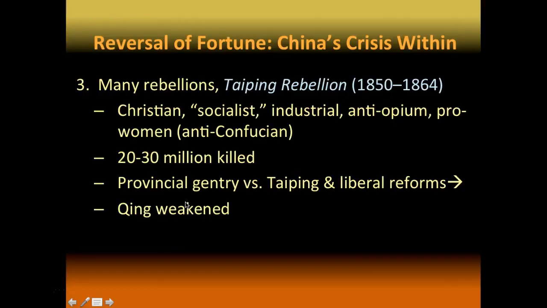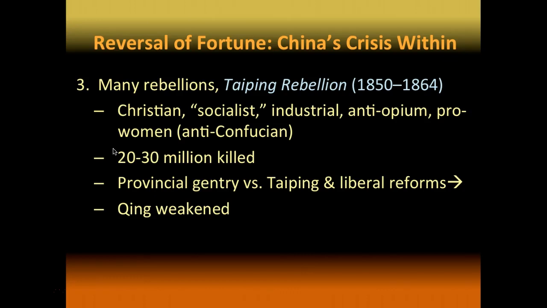The leader of the Taiping Rebellion, Hong Shihuang, rejected all traditional Chinese belief systems, Buddhism, Taoism, Confucianism, and instead he claimed he was the younger son of Jesus Christ, sent to earth to build a kingdom of heavenly peace, which is a very Chinese way of thinking and describing things, but the fact that he claimed that he was the younger son of Jesus Christ is very interesting. So this was a Christian movement.